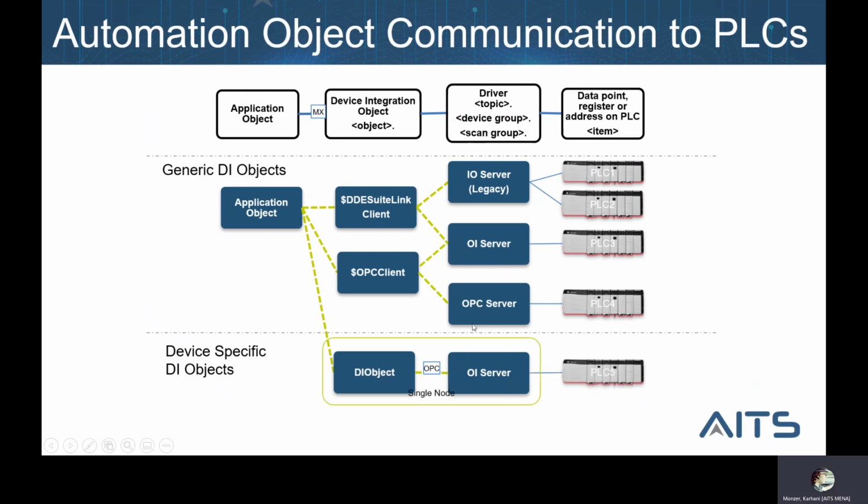And we will do an example to make it more clear. But the DI object and the OI server will be on the single node. This is just an instance that will automatically generate once I deploy the DI object.